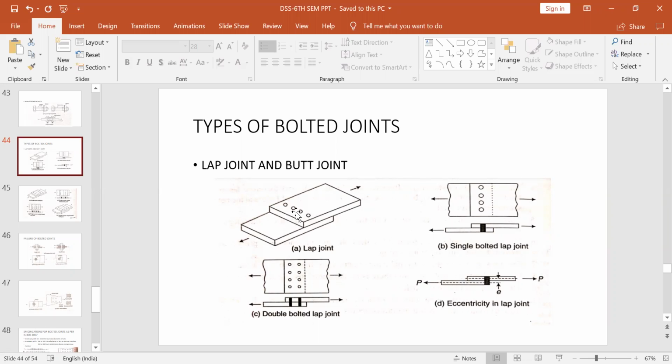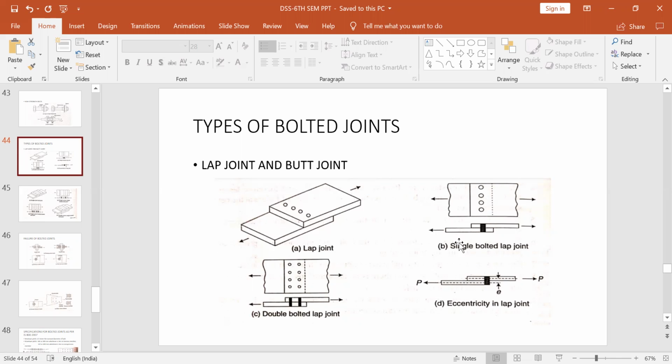This is one member, a plate having width B and length L, suppose, and over this another plate of similar size is being overlapped. This is the overlapping, and you are connecting these two plates with the help of four bolts in one line, 1, 2, 3, and 4. You are making holes and then you are bolting. So this is the figure.